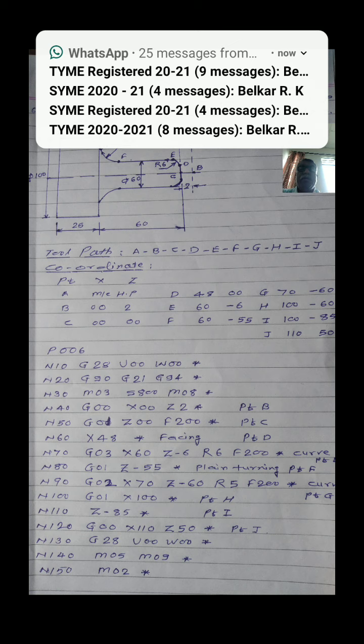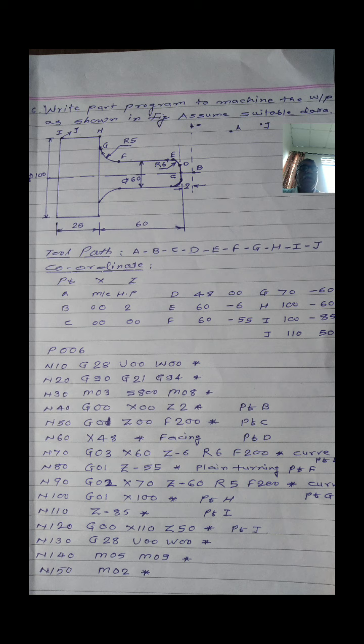First block indicates movement of the tool return to machine reference position. Okay. Then N20 G90 absolute coordinate measuring system, G21 metric units, then G94 feed in millimeter per minute and end of the block. That symbol indicates end of the block.